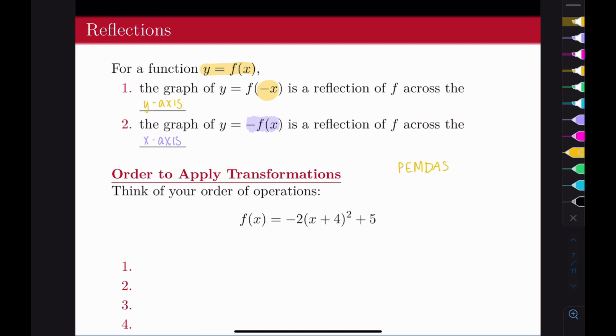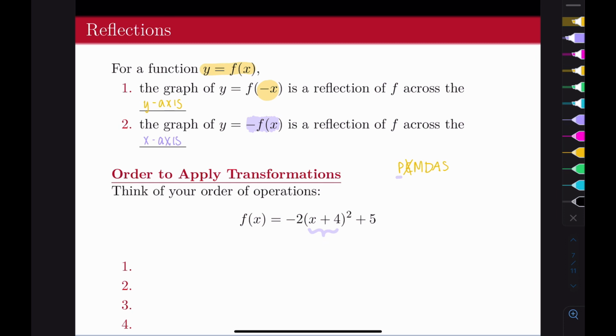For transformations, exponents don't mean anything because we don't have a rule corresponding to adding an exponent in anywhere. So the first thing we need to do is work inside parentheses. Just based on this example alone, I'm going to go inside my parentheses and I'm dealing with that plus 4.